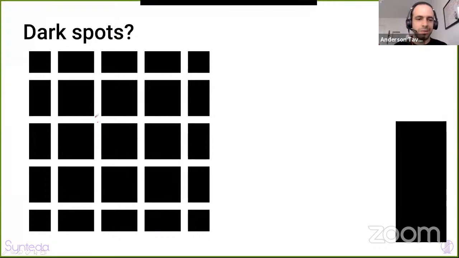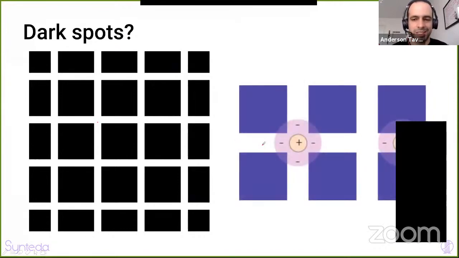If I look at this spot at this intersection, I can see some gray spots at other intersections here, even though it doesn't exist. This might be explained by these receptive fields. It's like we have more bright areas around the inhibitory region, which makes the result negative, and we interpret that as a gray area.